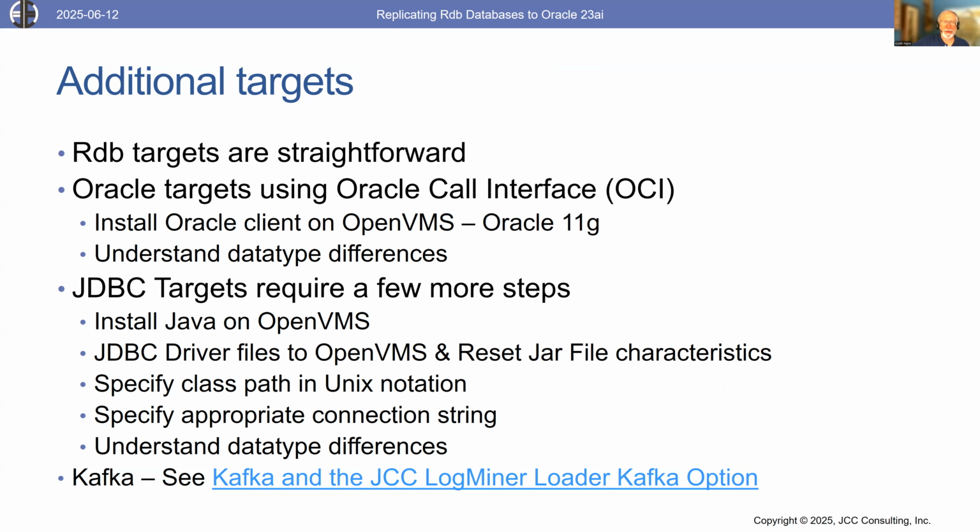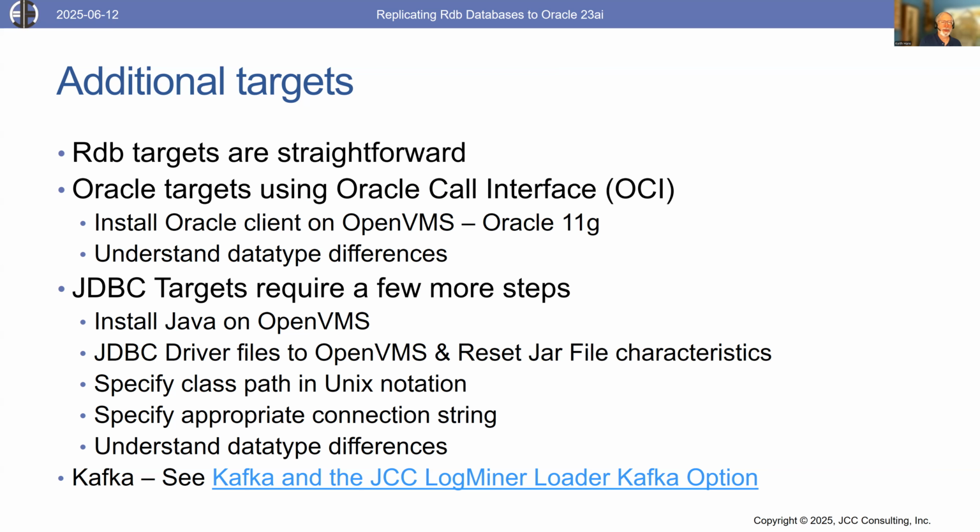And then you have to find the appropriate JDBC drivers, copy them or FTP them to OpenVMS, and then reset the file characteristics, specify the class path, specify the connection string, and understand what the data type differences are.